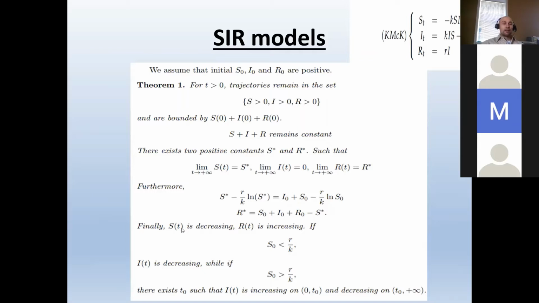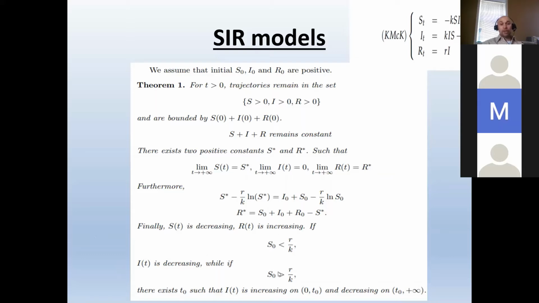Finally, S of t is decreasing, R of t is increasing, and I of t depends. S of t will always decrease, R of t will always increase, but for I of t it depends on the initial condition. If S0 is less than R over K, then I of t will decrease. In this case, you don't have a wave, like the waves from the media.